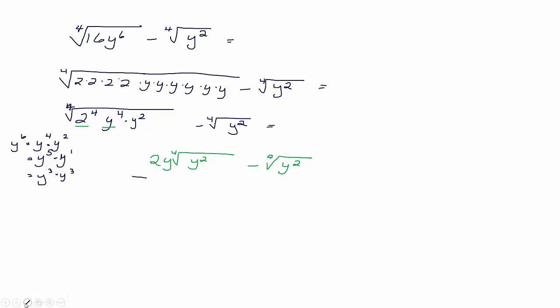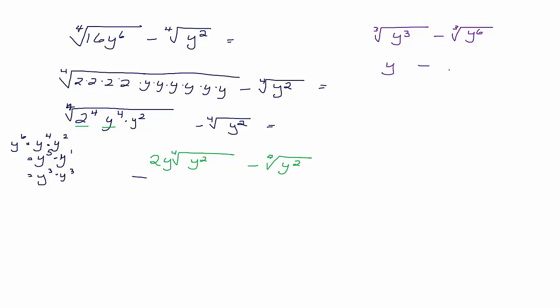So let me try another example, maybe something a little easier. So we'll go back to cube root. So this is just y, because this is y times y times y.